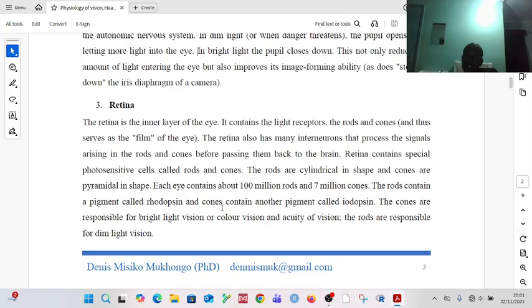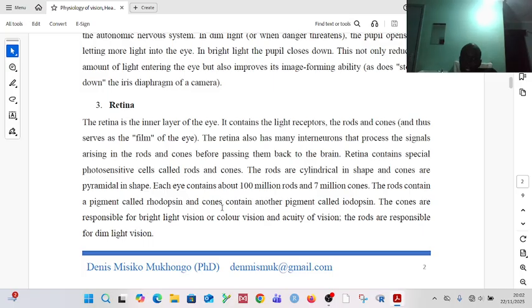These rods contain a pigment that is called rhodopsin, while the cones contain another pigment which is referred to as iodopsin. The cones are responsible for bright light vision, the perception of color, seeing well, the quality.